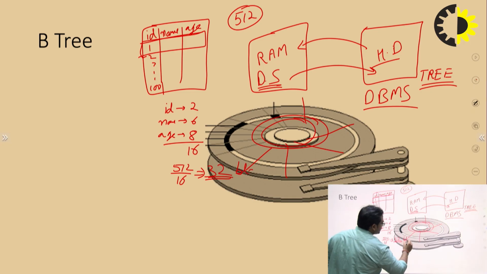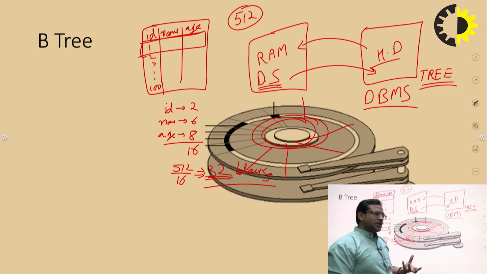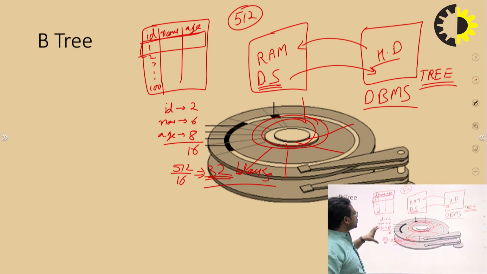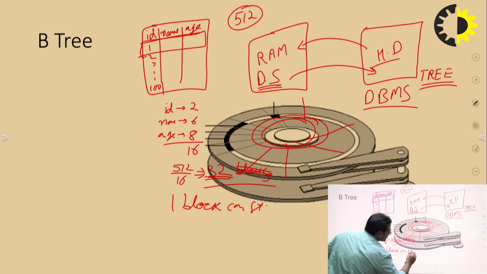So here you can see that 32 records can be stored in one block.